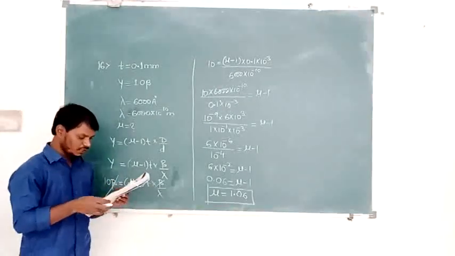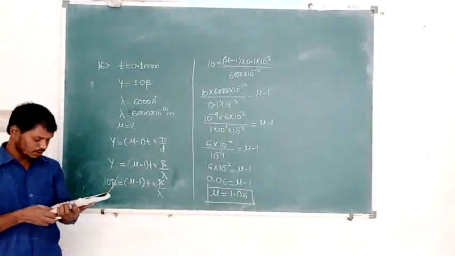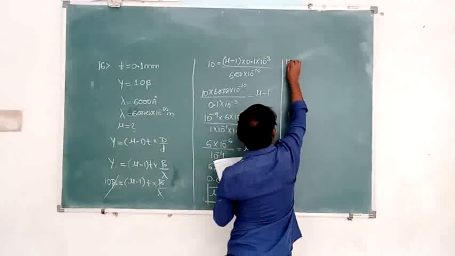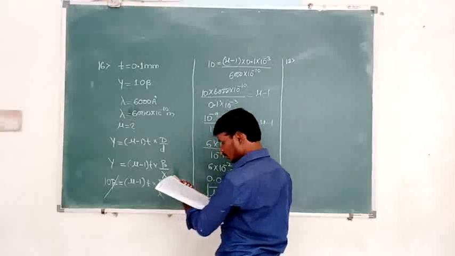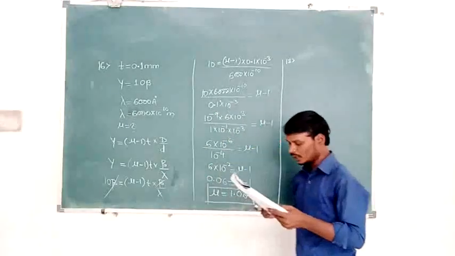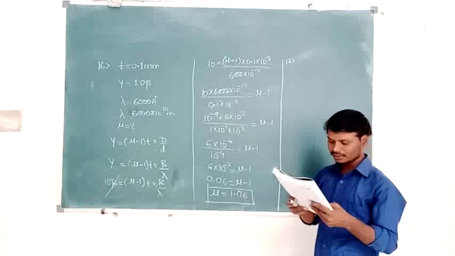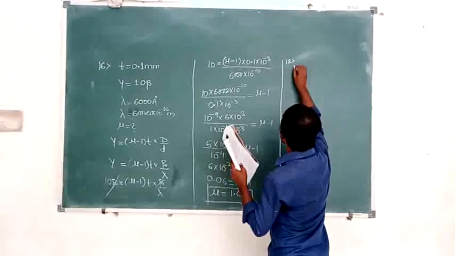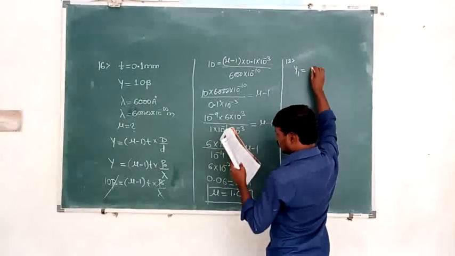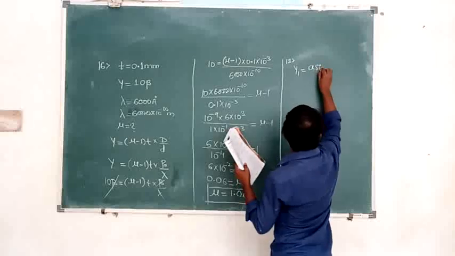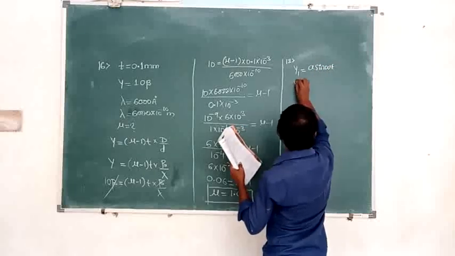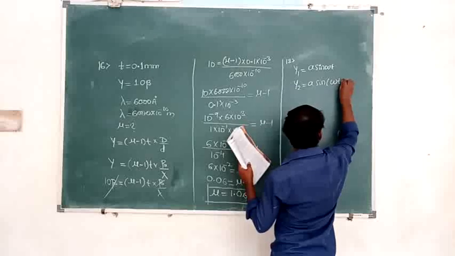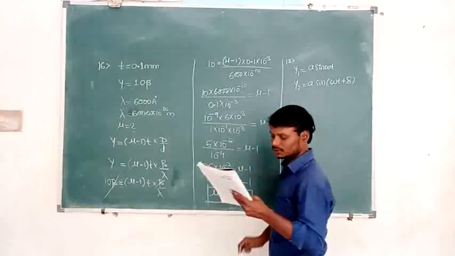Next, number 18. So what is the question here? Two light waves are represented by y1 is equal to a sin omega t and y2 is equal to a sin omega t plus delta, otherwise you can read this as del.